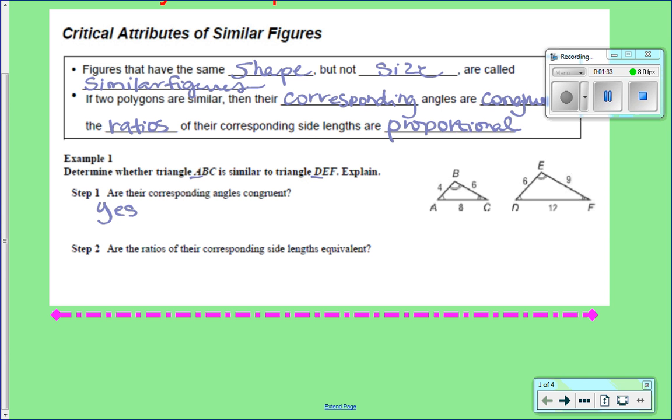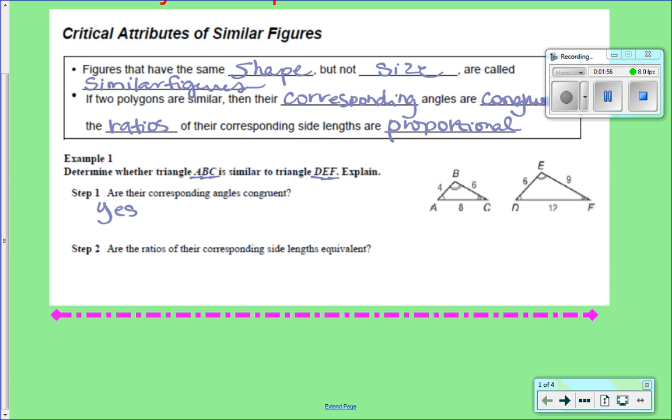That's important. So you're supposed to check A and D have congruent angles. And then we have angle B and angle E. They are also congruent. And then angle C corresponds to F, but they also have to be congruent. Awesome.